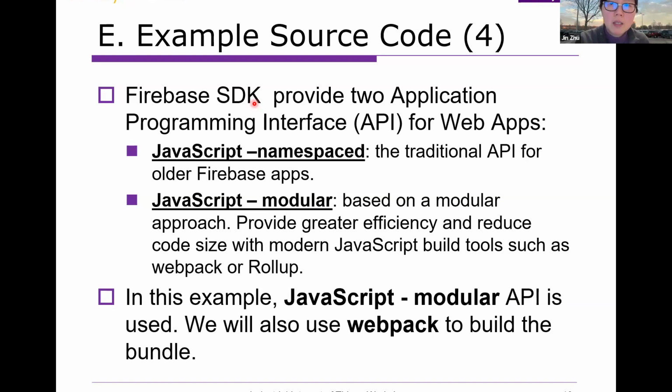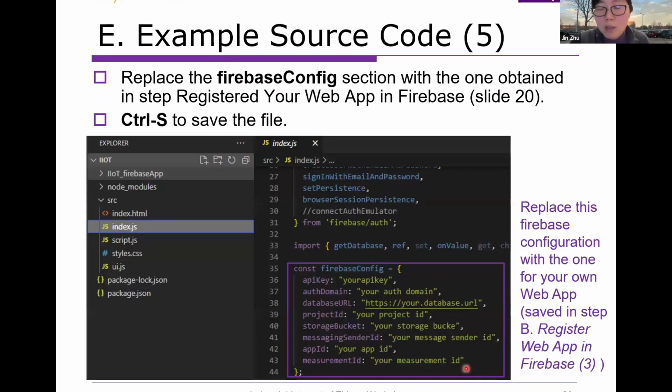The newer one, which is more recommended for any new application development, is the JavaScript modular, and that's what we're going to use here. In this example, once we develop the code, we're not going to talk about too many details of the code. Just use it, because it's rather complicated if we talk about the details of programming in JavaScript.